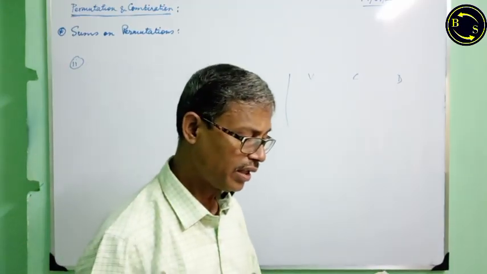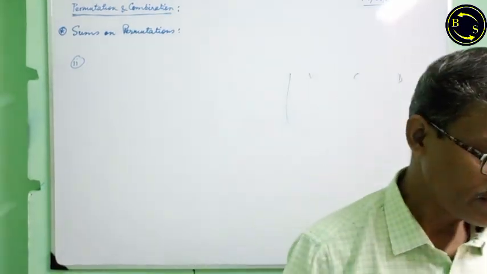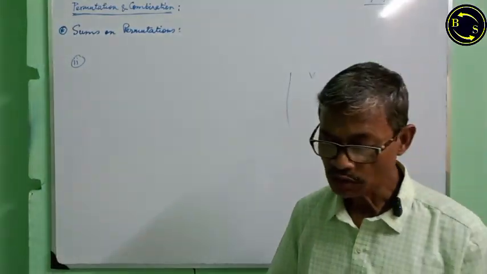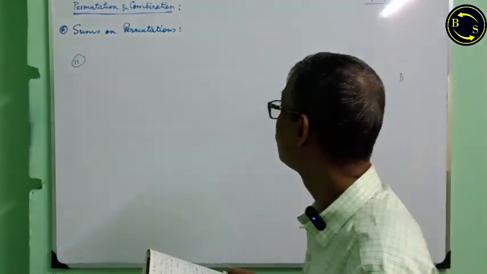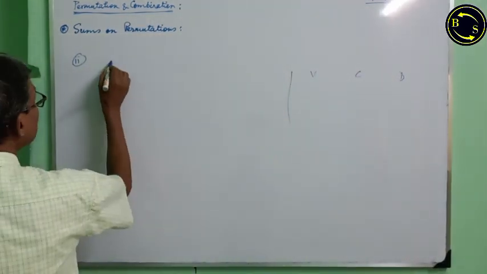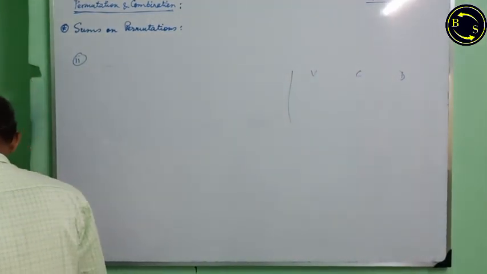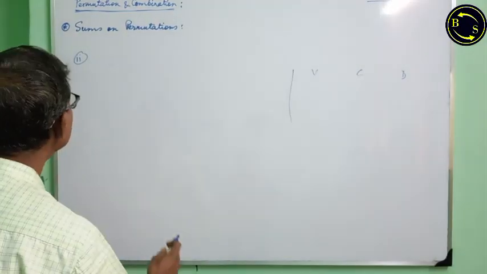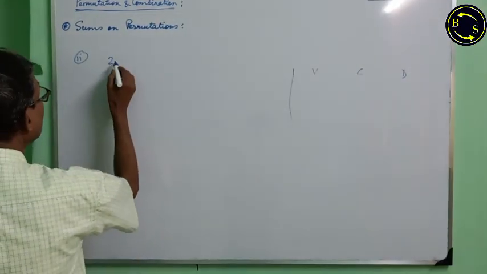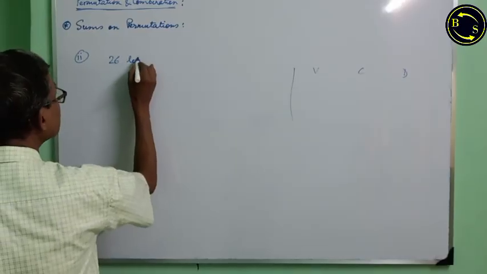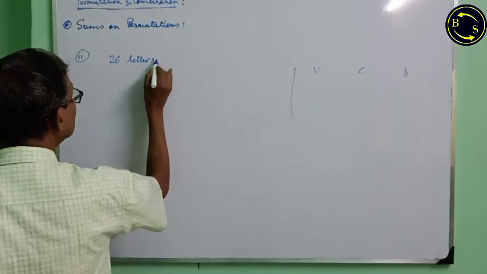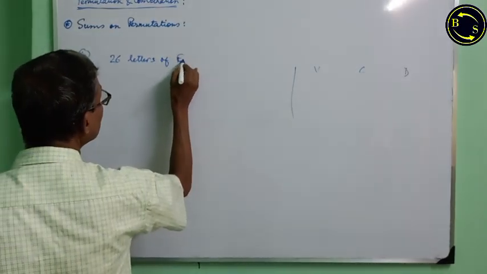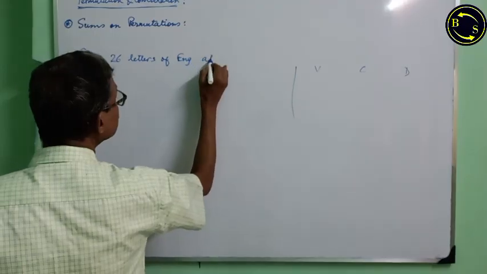A vowel, a consonant, and a digit be chosen out of 26 letters of English alphabet.